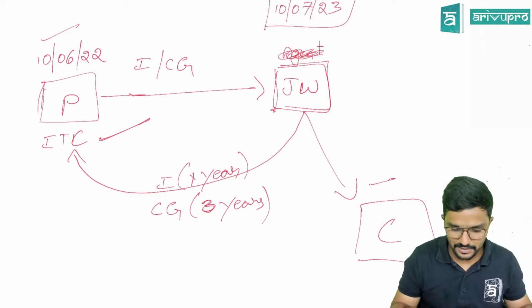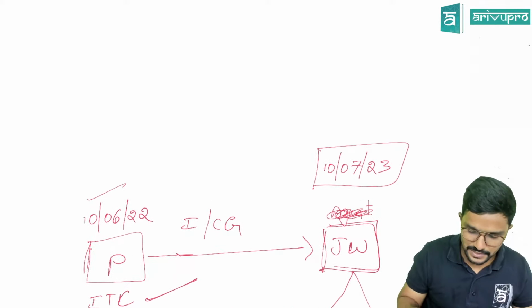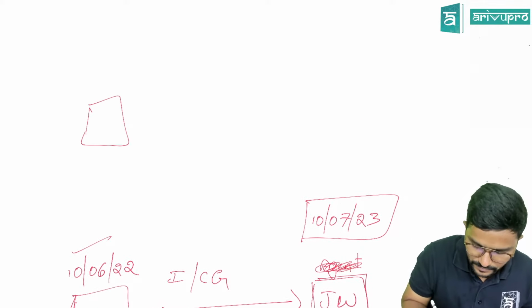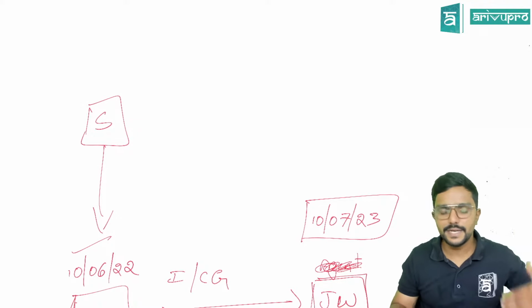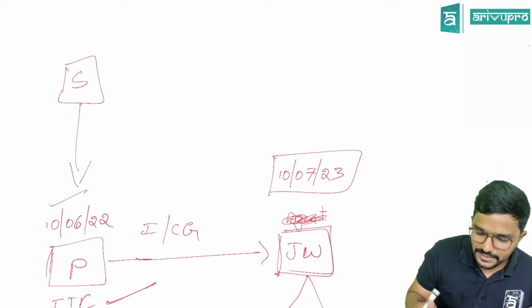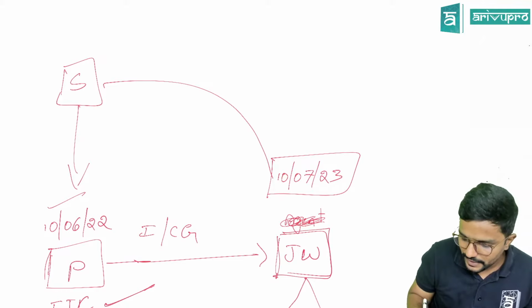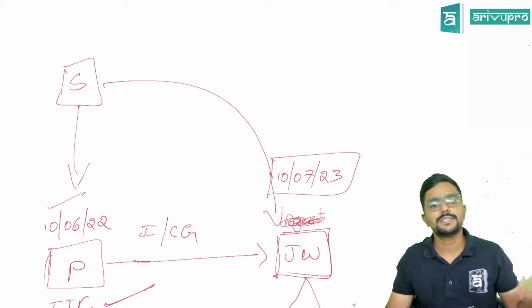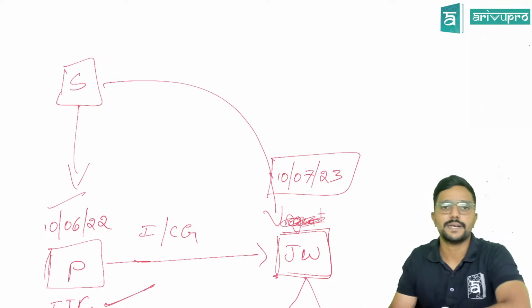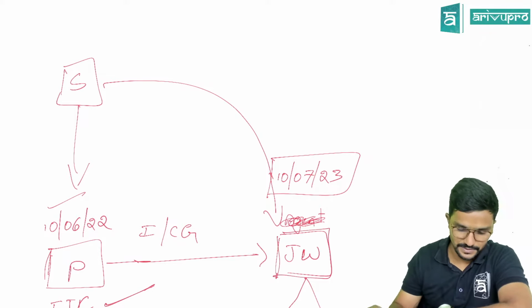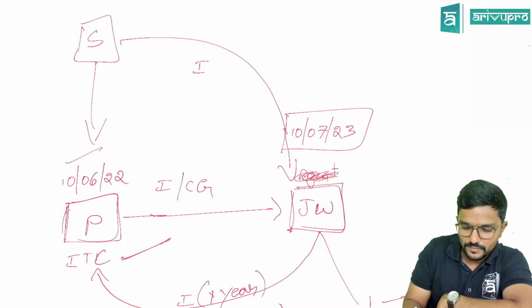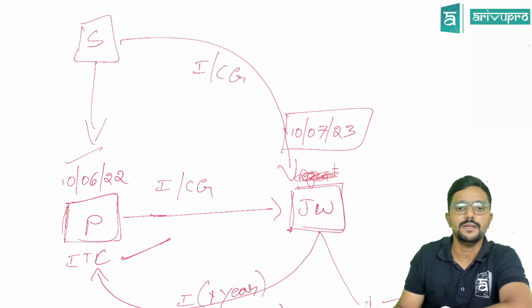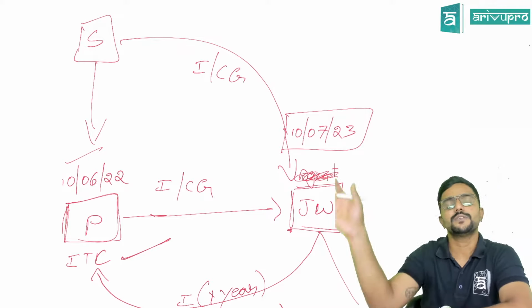Okay, this is one thing. There is another thing. Now, the principal purchased the goods from one supplier. He purchased the goods from the supplier, but he didn't take the delivery. He asked him to deliver it to the job worker directly. Can it happen so? Yes. Now, the principal has purchased the inputs or capital goods from the supplier, but he has asked it to be delivered to the job worker directly.